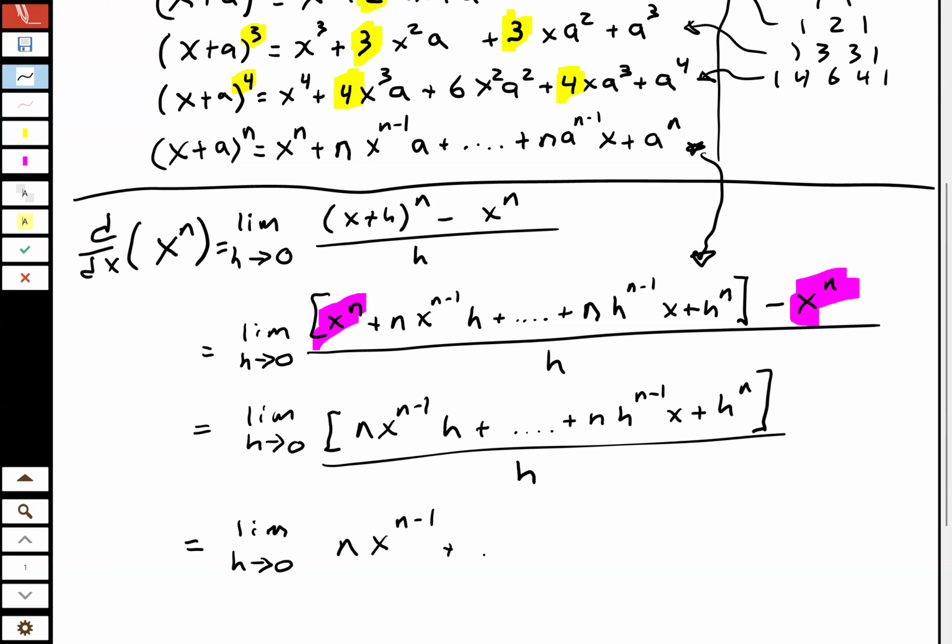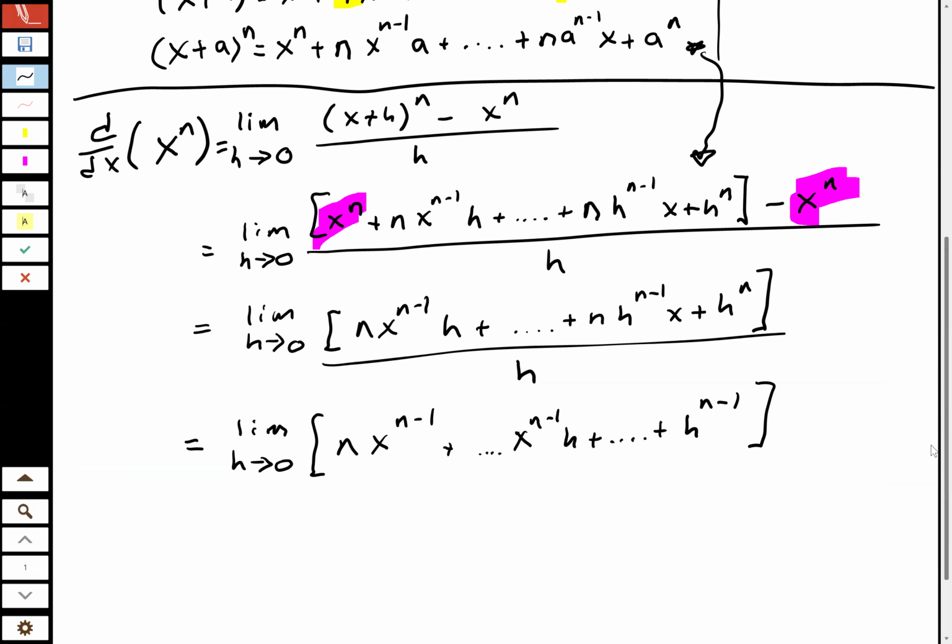This next thing is going to be something with an x to the n minus 1 times an h, all the way up to this last term, which is now going to be an h to the n minus 1. And the reason why I'm doing just dot, dot, dots for all of those is all these remaining pieces have h, and h is going to 0. So that's a whole bunch of stuff times 0.